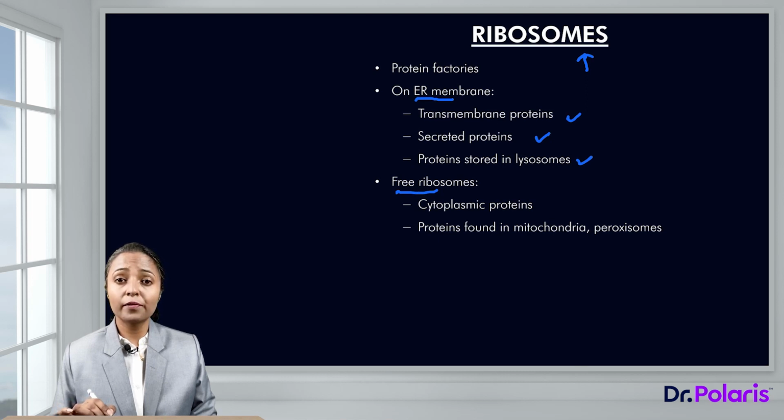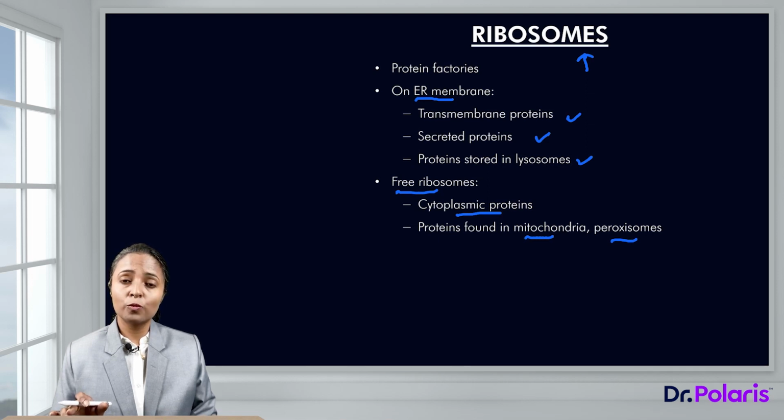On the other hand, the free ribosomes form cytoplasmic proteins, and proteins found in mitochondria and peroxisomes. So these ribosomes are basically protein factories, but different types of proteins are synthesized in different ribosomes.